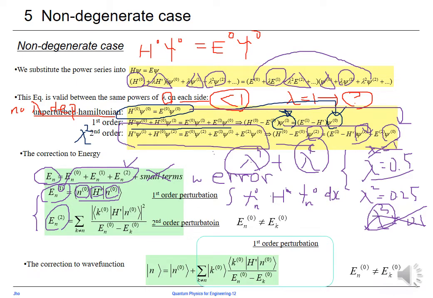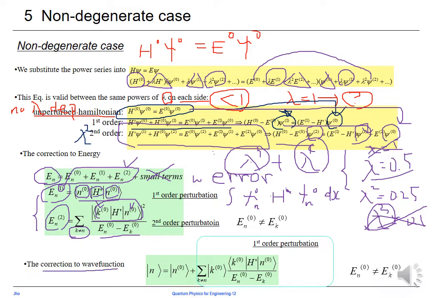And then second order problem, you see similar term is here, but n and k, they are different now, and k is summed up from any given values. Then on the numerator, en0 minus ek0.